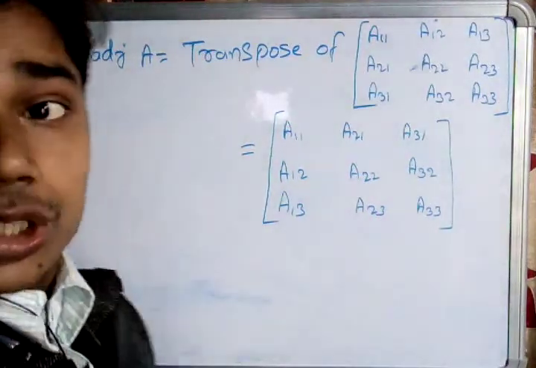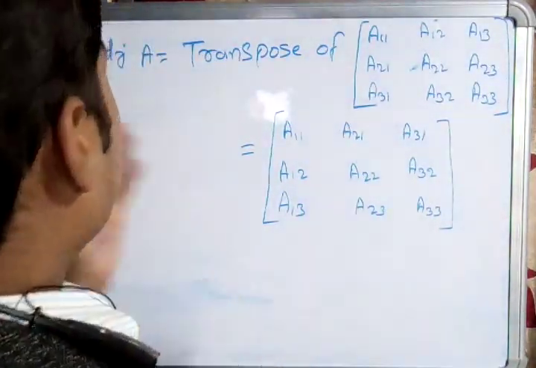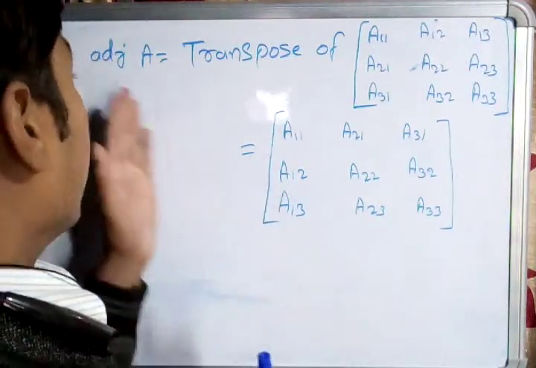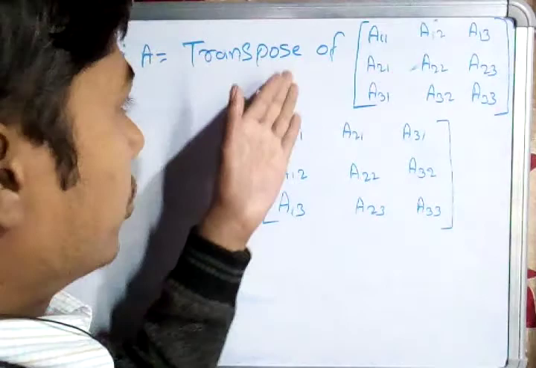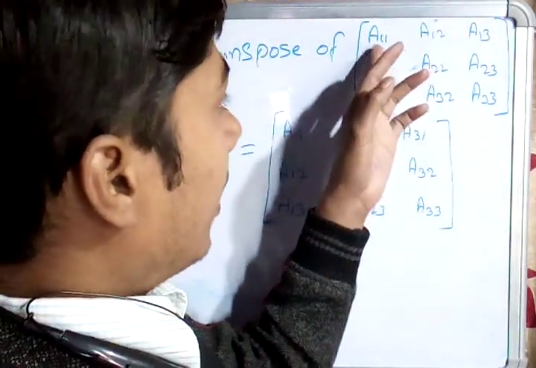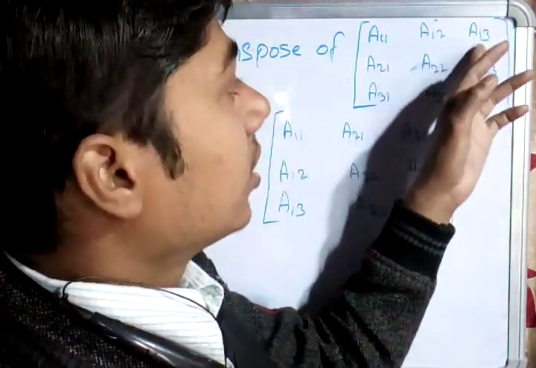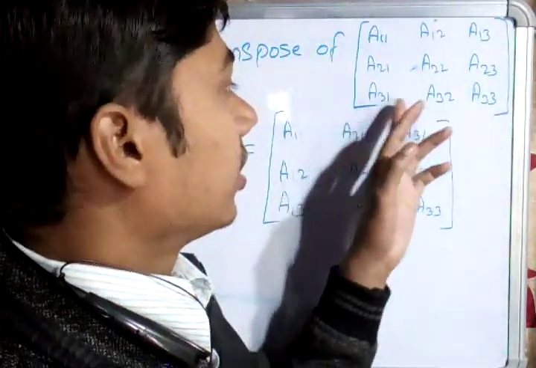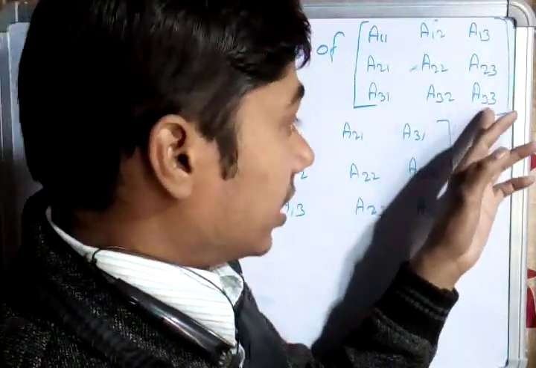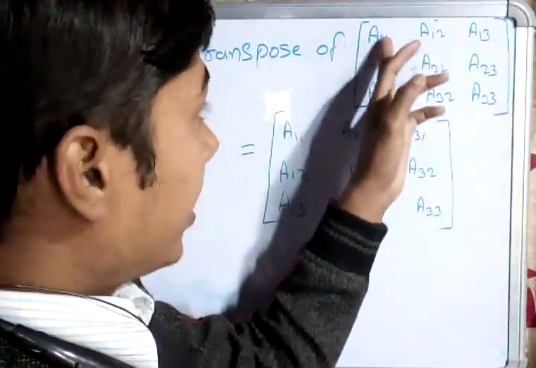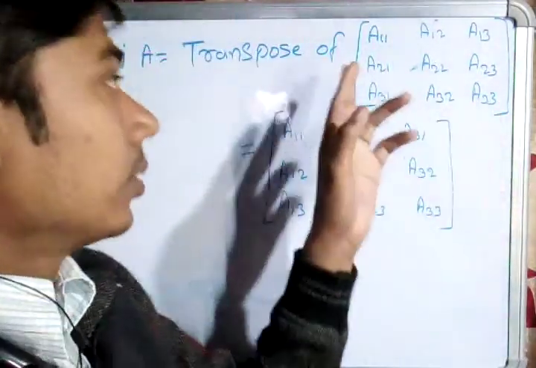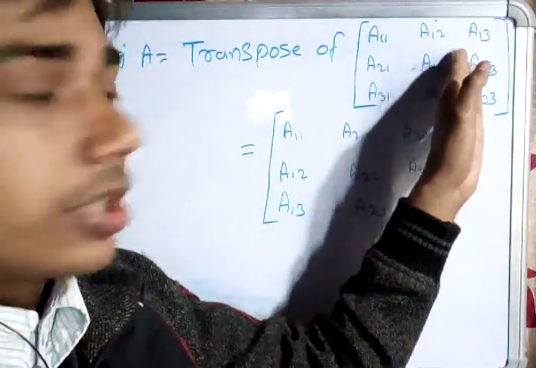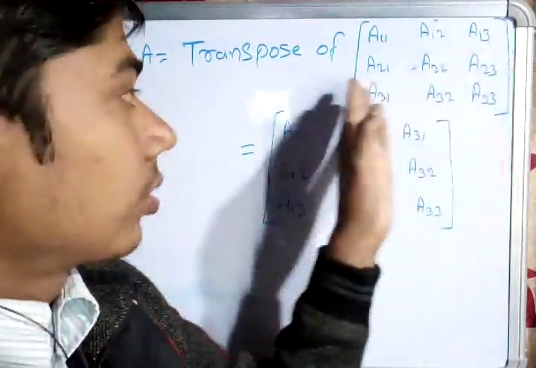Find the adjoint of A, and the definition of the adjoint of A. The adjoint of A is equal to the transpose of A11, A12, A13, A21, A22, A23, A31, A32, A33, where A11 is the cofactor of the first row and first column, first row and second column, first row and third column.